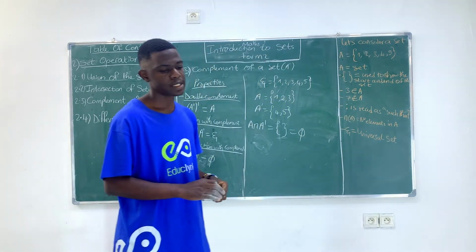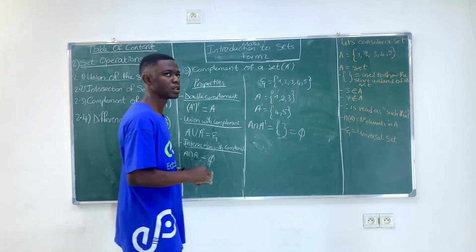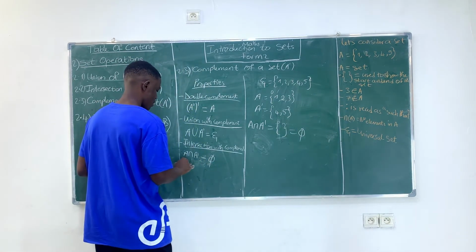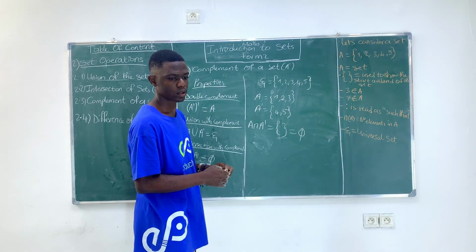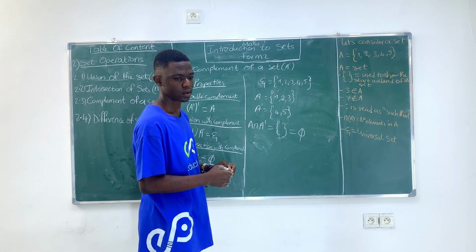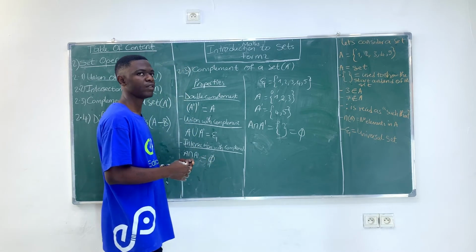So the fourth property is this one here: the complement of the universal set.